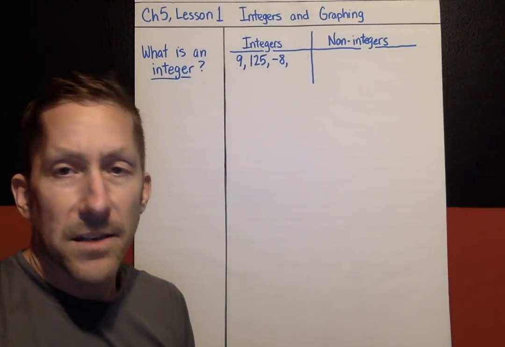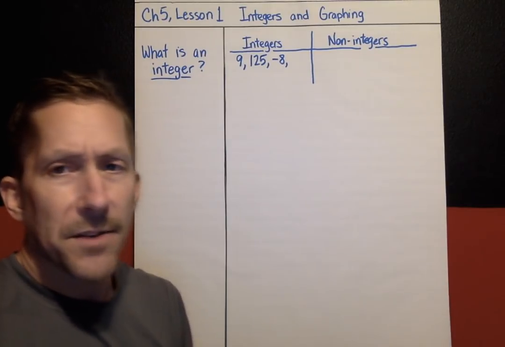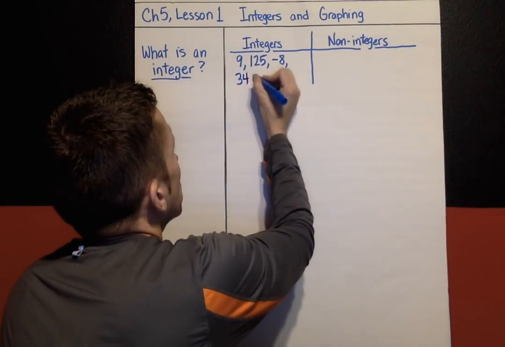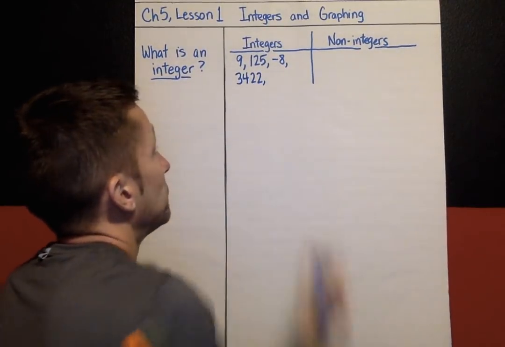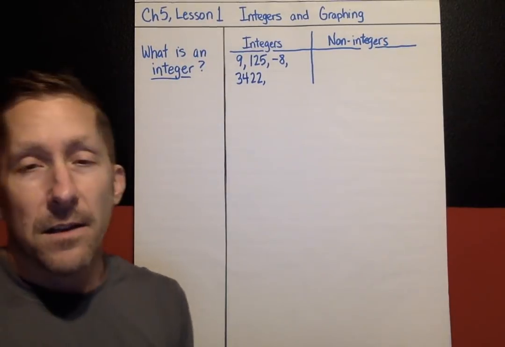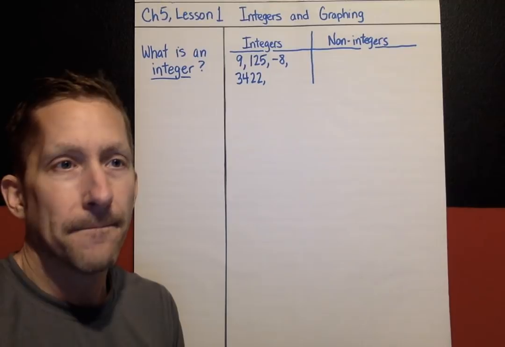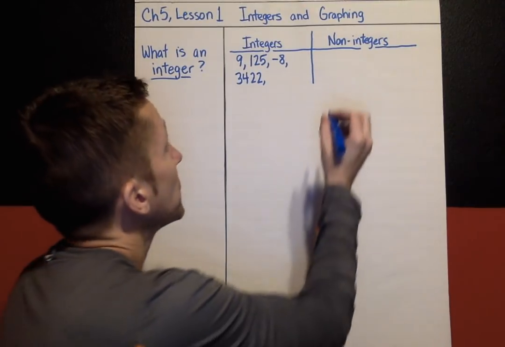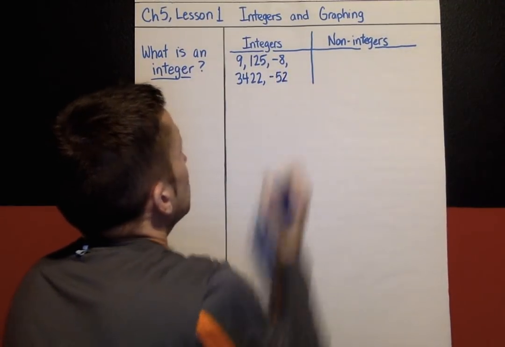Connor, give me a number. 3,422. Still an integer. Samantha, give me a number. -52 is an integer.